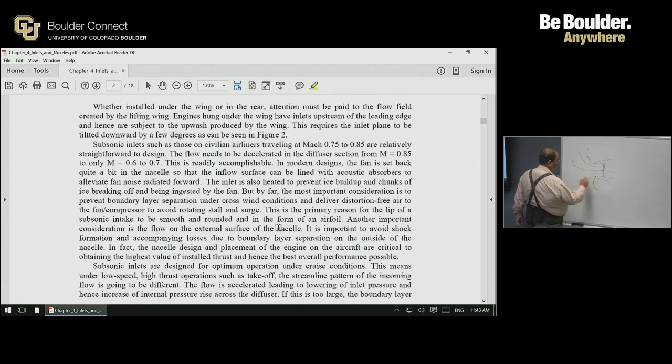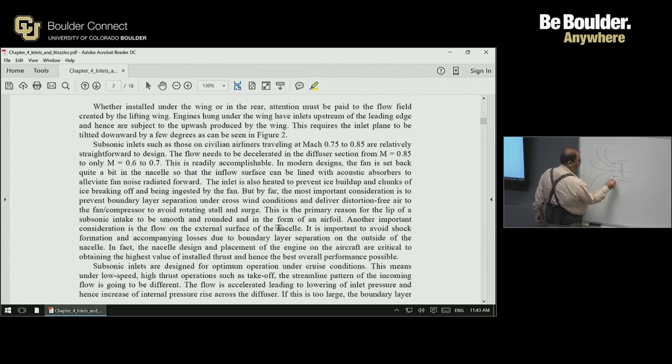It's like a sink flow. The flow coming in has to turn around, and if you don't design it properly, it can separate.